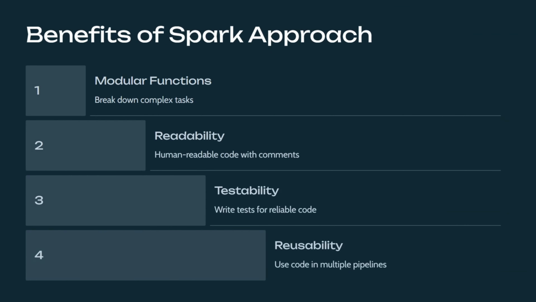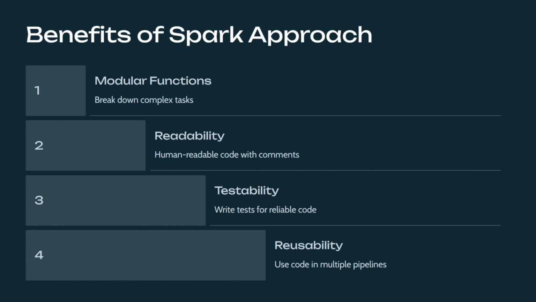See, we've broken down the URL parsing into neat little functions, adding some comments to make it human readable. And we can even write tests to make sure it doesn't explode when we least expect it. No more relying on users to be our QA team. And the best part? This modular code can be reused in other parts of your data pipeline.